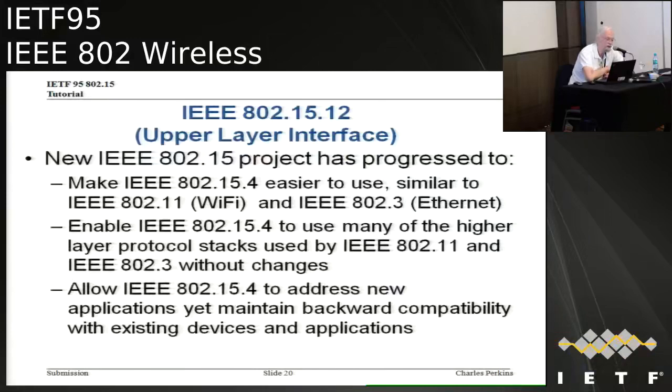And again, Wi-Fi is seen as an excellent model for how to support IP networking. So IEEE 802.11 supports a lot of facilities for the higher level protocols, and they don't have to. There's no real reason for 15.4 to require the upper layer protocols to change just because it's .4 instead of .11.